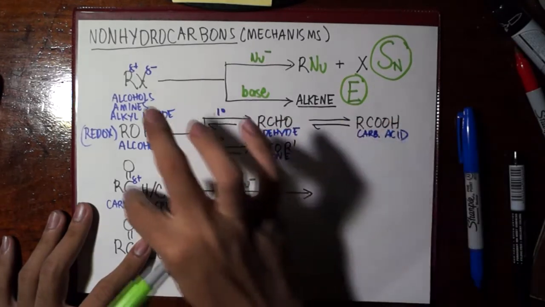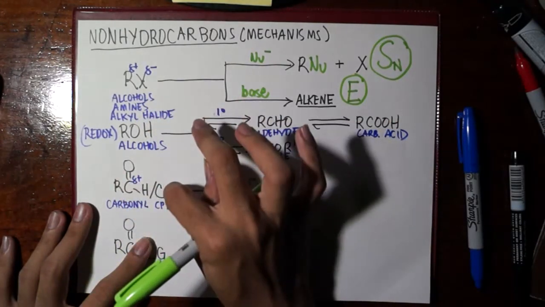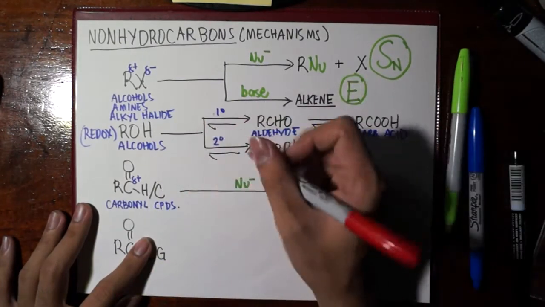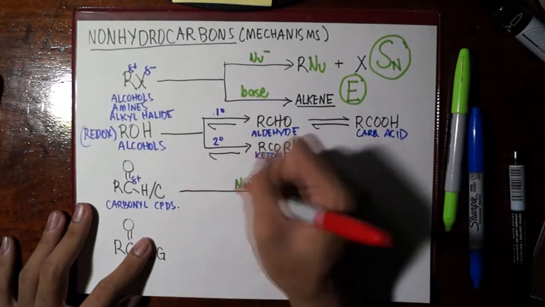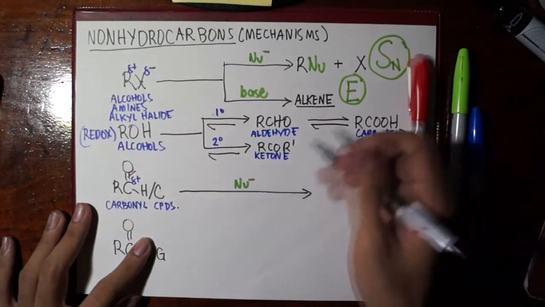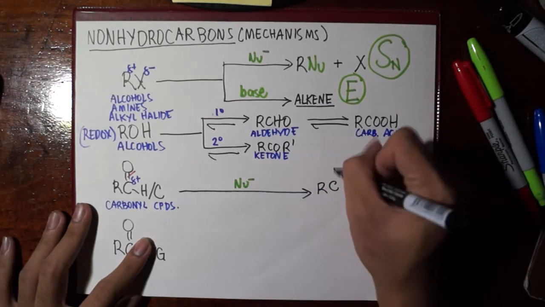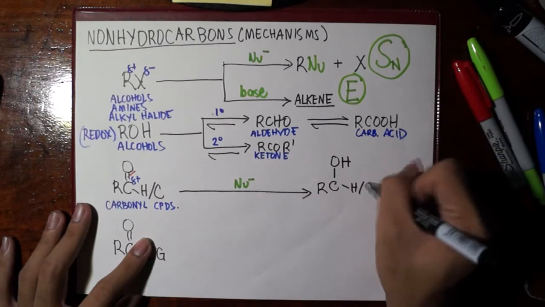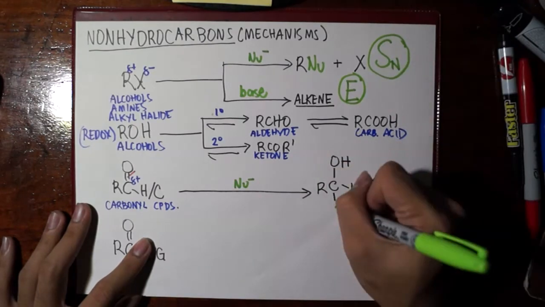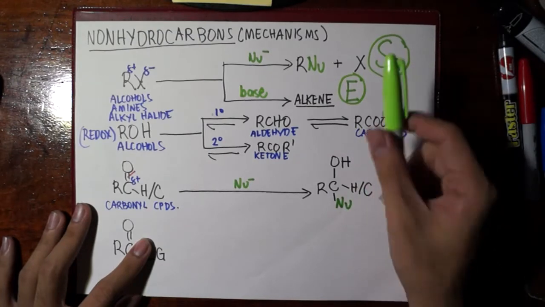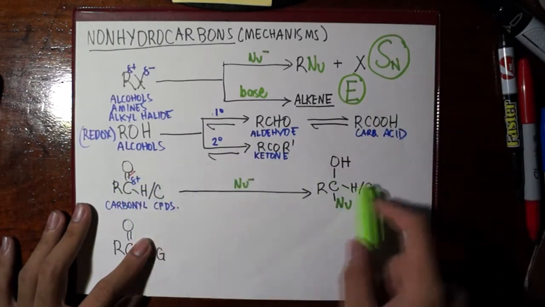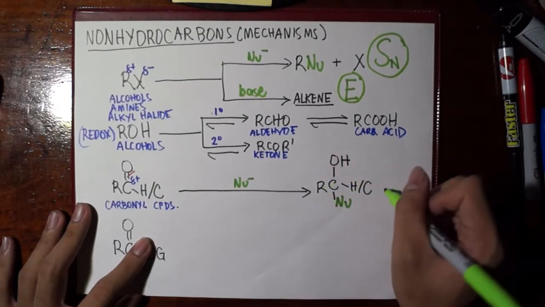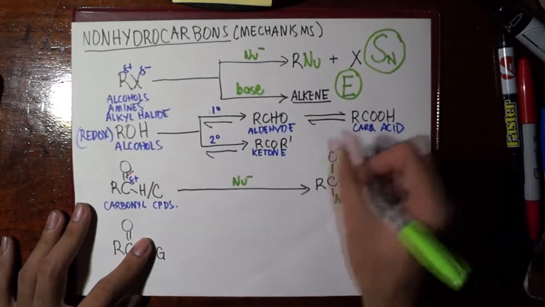Since the C to H or C to C bond is nonpolar in both cases, the only way to sacrifice a bond for carbon in order to accommodate this nucleophile is removing this pi bond. So you form a single bond to O, and the nucleophile attaches here. This is A and this is B, and you combine them to form AB. This is addition, and so the mechanism of action is nucleophilic addition.